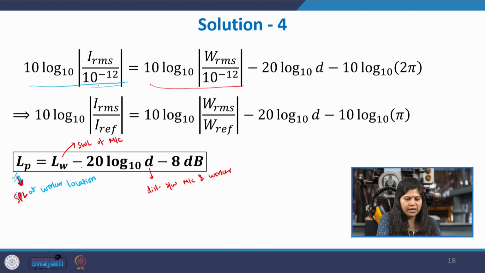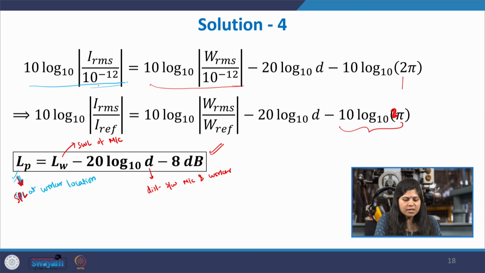So, once you solve it, this becomes your LP, this becomes your LW, the sound power level, minus 20 log D, minus 10 log 10 of 2 pi. This if you solve it, it comes out to be 8. So, this is the equation that is deduced for this particular problem.